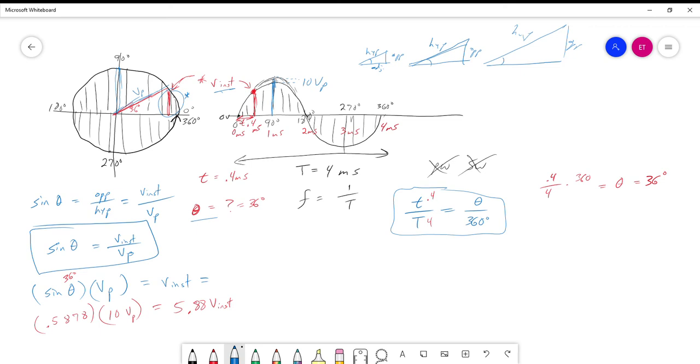The book does not, but it's possible. You can add offset to a sine wave. In other words, it will not be centered on 0 volts, and that's a valid thing to do. We do not do that in any of our experiments. We don't need to, but just so you know, it's possible.